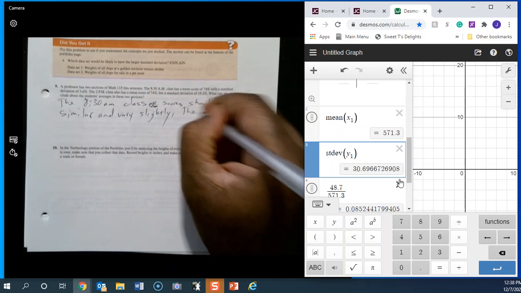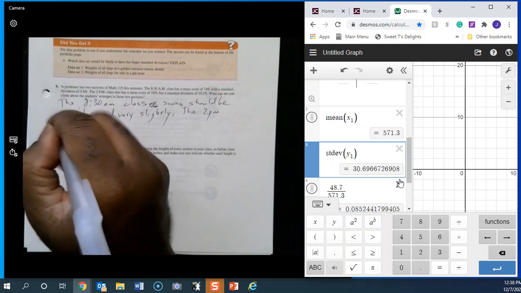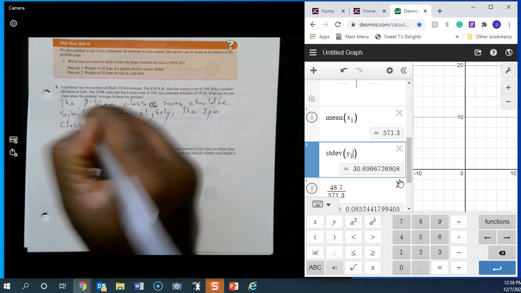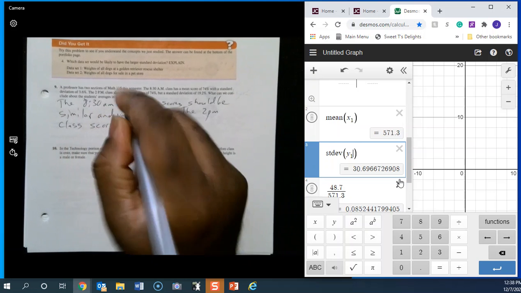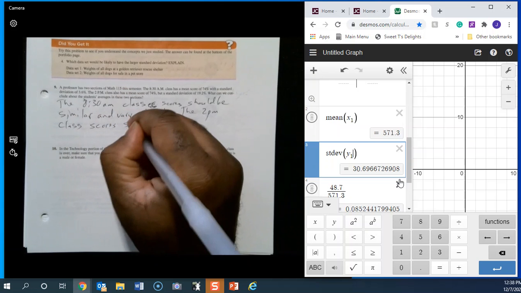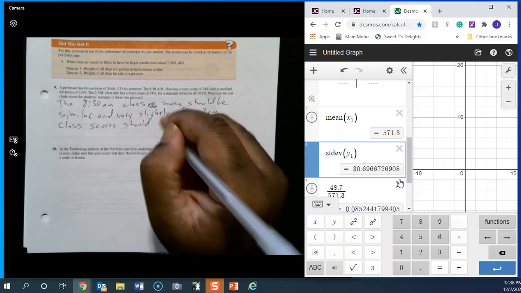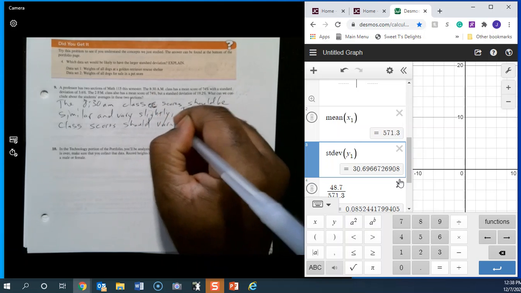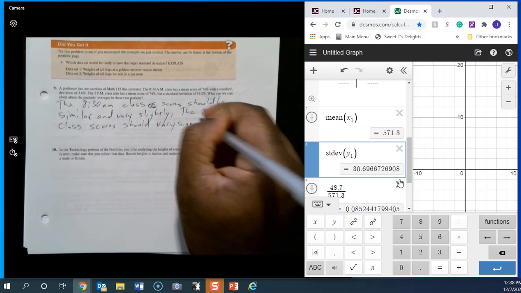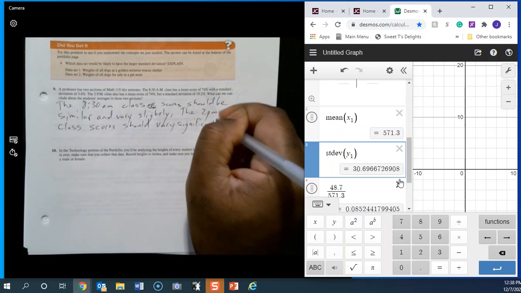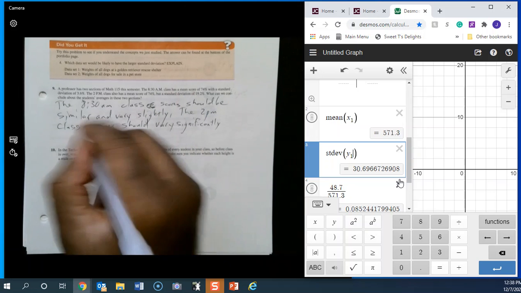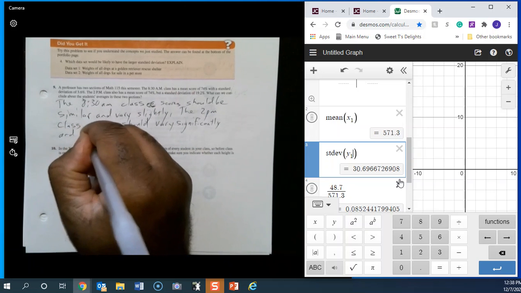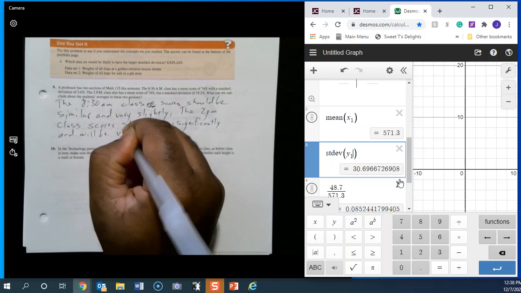The 2 p.m. class scores should vary significantly and will be very different.